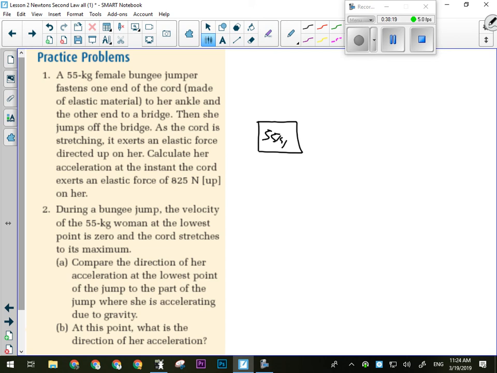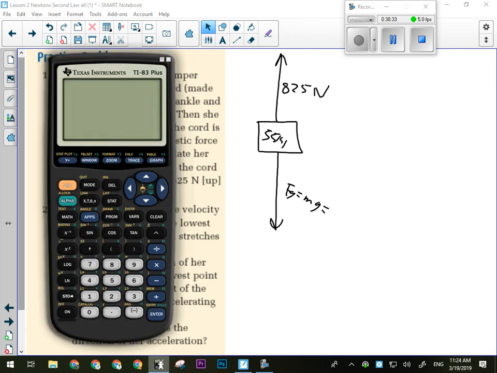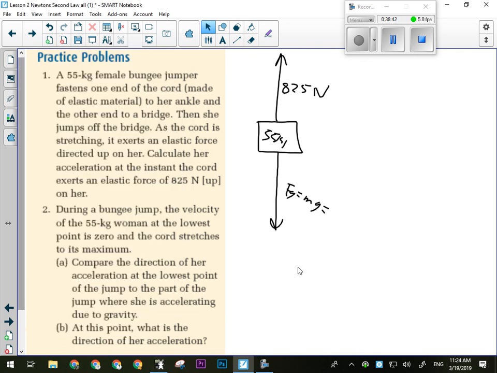So we've got the force of gravity acting downwards, which we can calculate, m times g, and we have the force in the elastic, which we were told is 825 newtons. All right, so we just need to calculate this force here. So 55 times 9.81, right? And we've got the two forces that are acting. So we got 539.55 acting down. We've got 825 acting up.